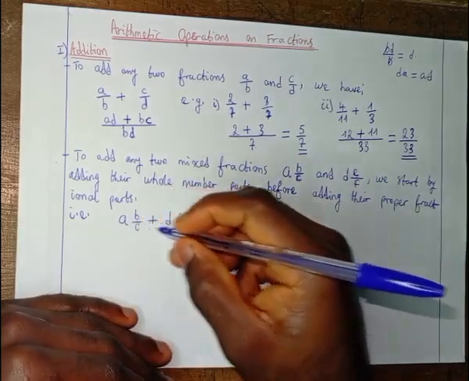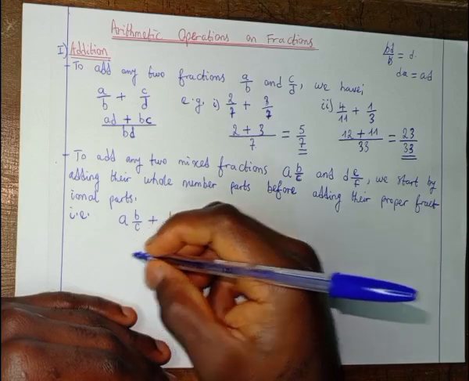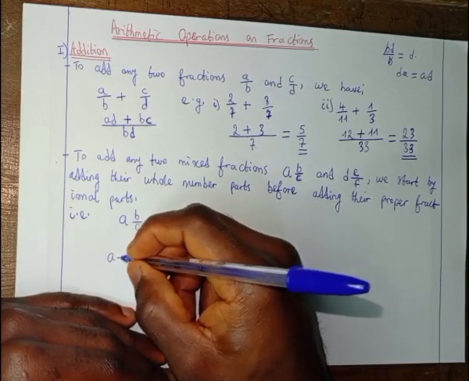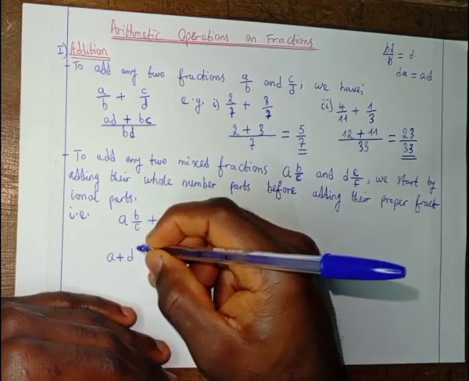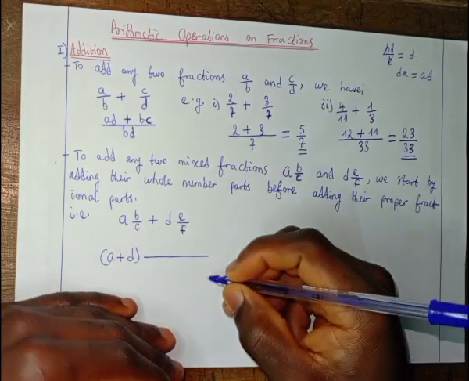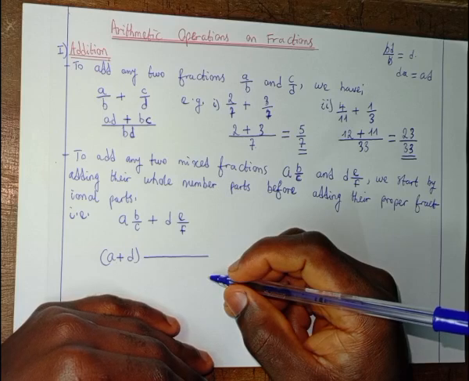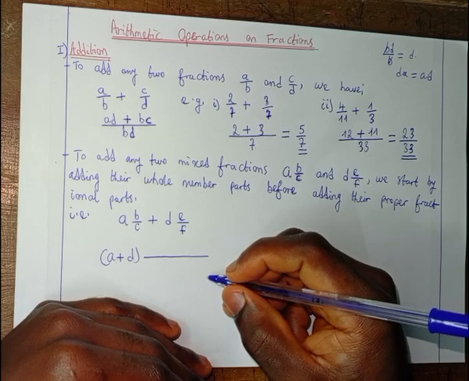First thing, for us to get the whole number part, we are going to start by adding their whole number parts. The whole number parts of the two fractions, a plus d. This will be the whole number part. We draw our vinculum. We find the LCM of the denominators.